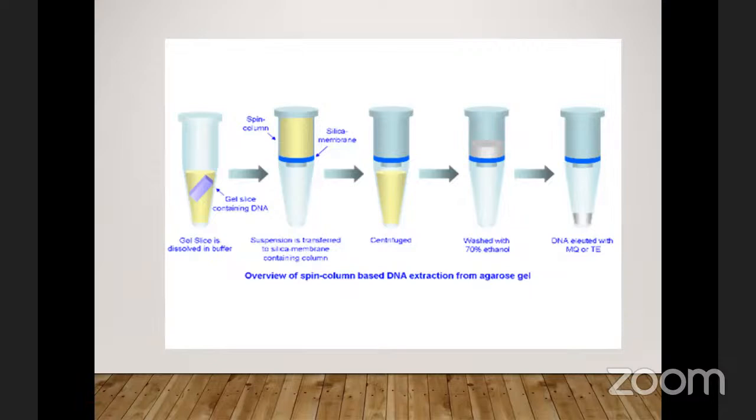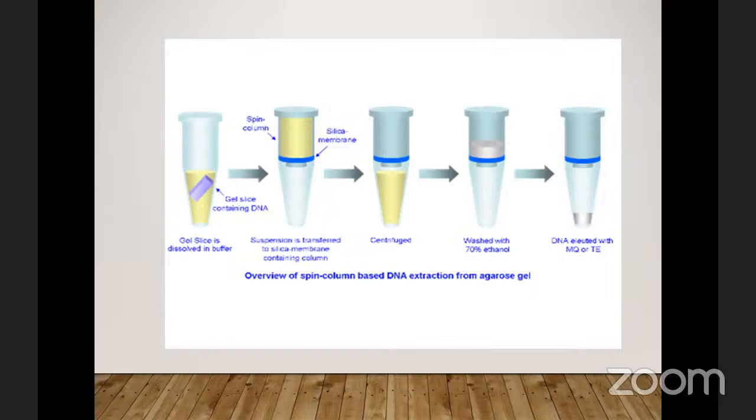Okay, so this is just a picture I placed here to show how all of this process works. This one is spin column based, right? Like I said, you can have magnetic bead separators, spin column based, or automatic extraction, depending on what you want to do and the downstream application and how pure you want it to be.